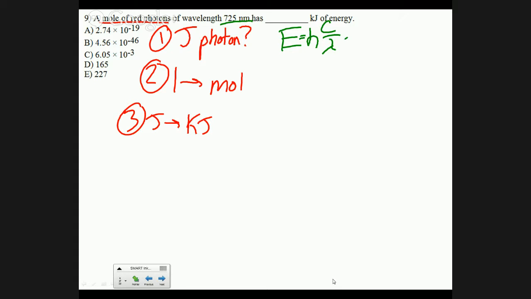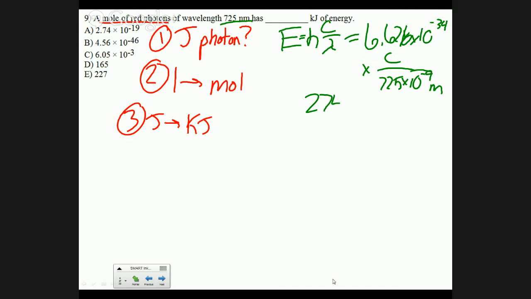So we get 6.626 times 10 to the negative 34, times c over 725 times 10 to the negative 9 meters. So we get 2.74 times 10 to the negative 19 joules per photon.